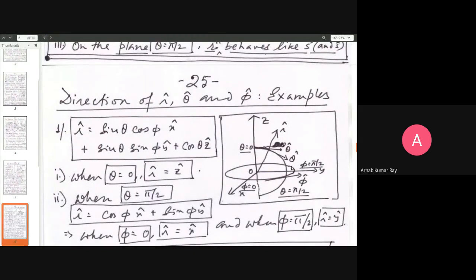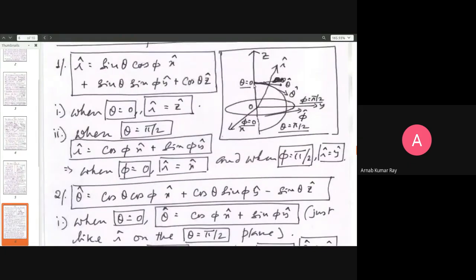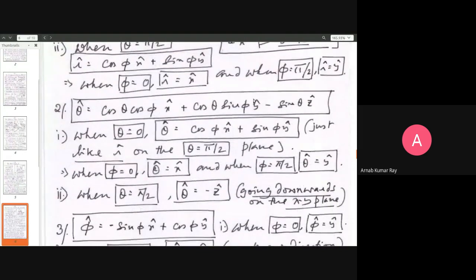If angle phi is 90 degrees, then tangentially it will be pointing along the y direction on the North Pole at the top of the sphere. That is what happens. When phi is equal to 0, theta cap will be equal to x cap, and when phi is equal to pi by 2, theta cap will be equal to y cap.